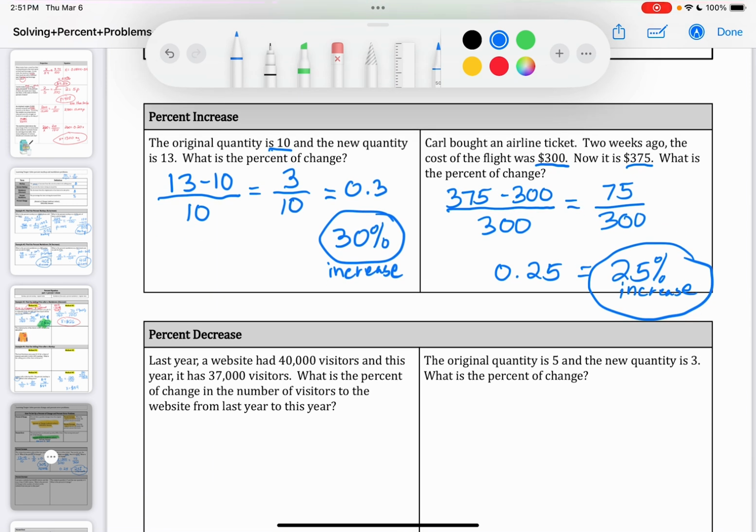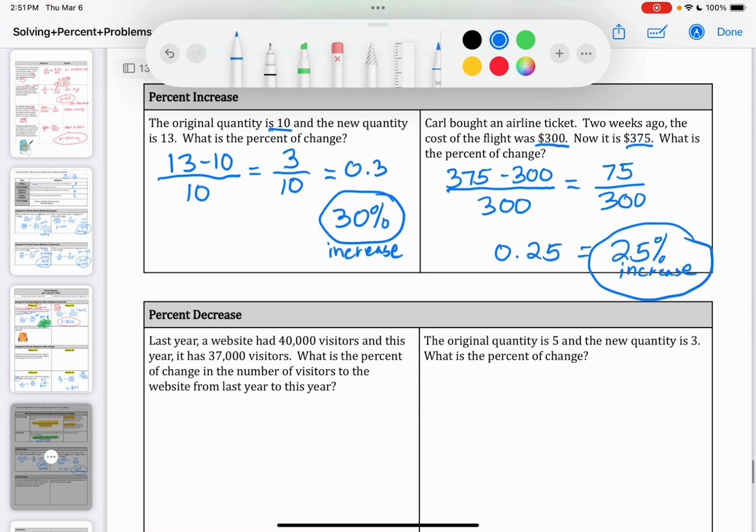Percent decrease, I'm going to follow the same thing. I just have to note that it's decreasing. So last year our website had 40,000 visitors, and this year it has 37,000 visitors. What is the percent of change in the number of visitors to the website from last year to this year? So we had 40,000 minus 37,000. And that is a difference of 3,000.